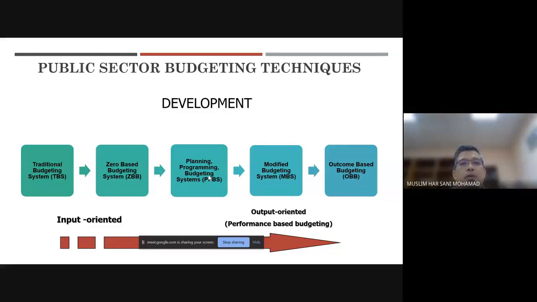And then move on to zero-based budgeting, then planning, programming. In the case of Malaysia, we moved to the modified budgeting system, and now the practice is outcome-based budgeting.